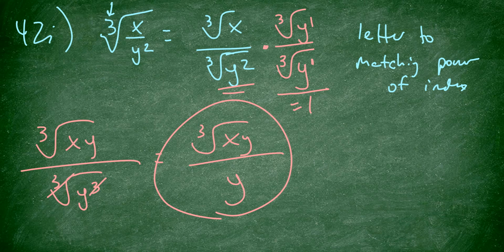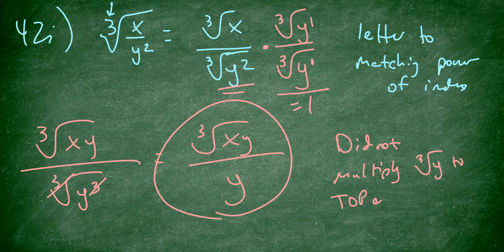Now what you notice is that in the book, they did not multiply the cube root of y to the top and the bottom. And that's why the answer is wrong.